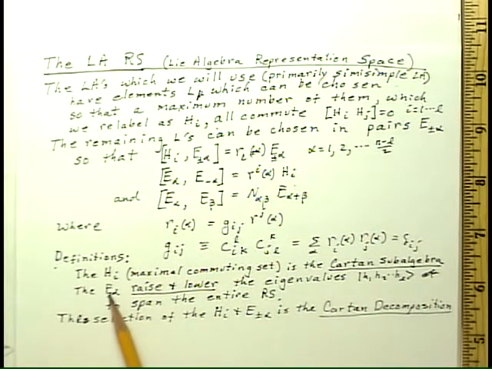The E's, plus or minus alpha, turn out to raise and lower the eigenvalues that span the entire representation space. What eigenvalues? Eigenvalues of these various H's that all commute with one another. The selection of all of the H's and all of the E's is called the Cartan decomposition.